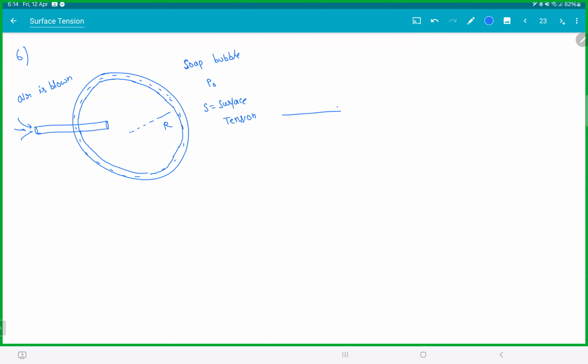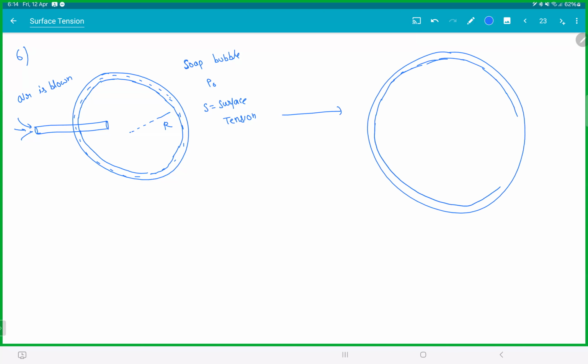In this process, this became a bigger bubble of radius 2r. Find the work done by the external force to make this bubble go from r to 2r. So find the work done by the person blowing the air to increase the radius of the bubble to 2r.